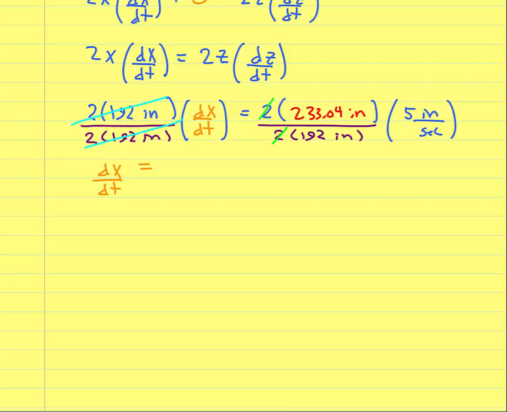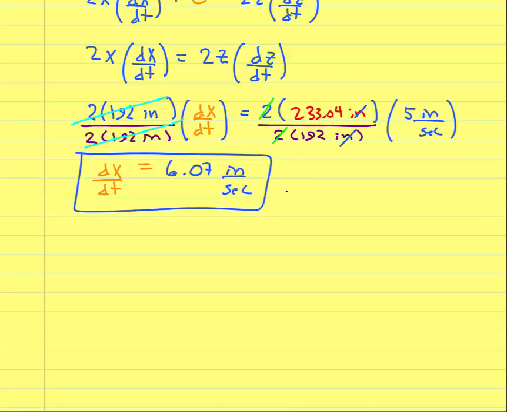Let me double check this on my calculator: 6.07. And then my inches cancel, so I'm left with inches per second. So that's the horizontal speed of the fish when it's 16 feet from the angler.